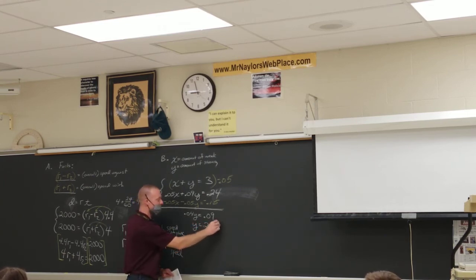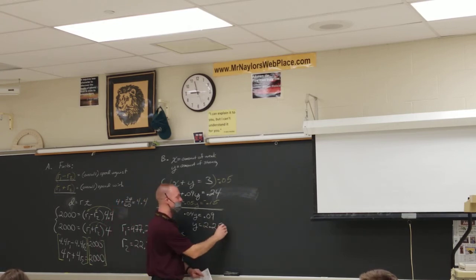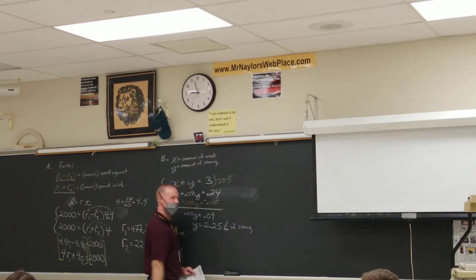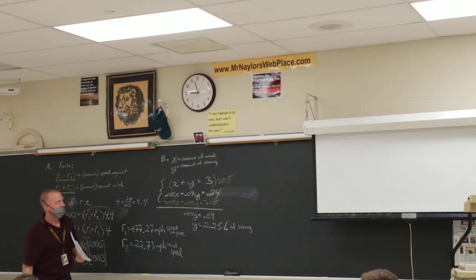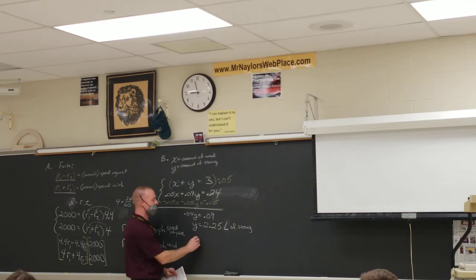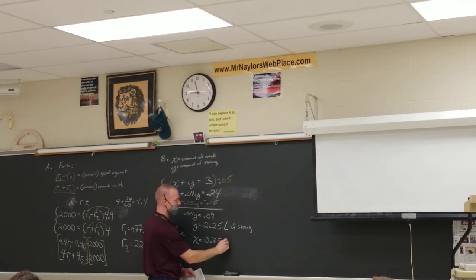Now, 2.25 is the amount of liters. It's 2.25 liters of the strong, which makes a pretty easy way to figure out what's left over. We know that what's left over has to equal 3. That's why we're only going to need 0.75 of the weak.